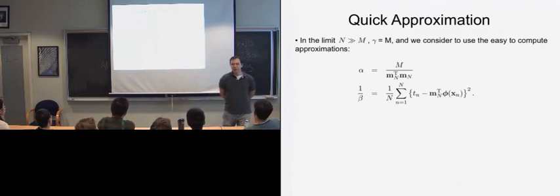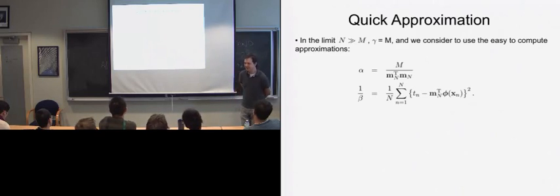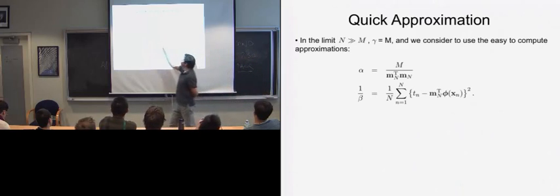This is something that you would do without resorting to the evidence approximation framework. You fit the posterior mean and just figure out what the width of it is, how much spread there is. So these are quantities easy to compute.